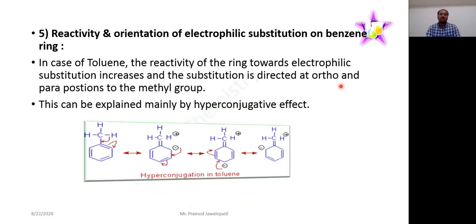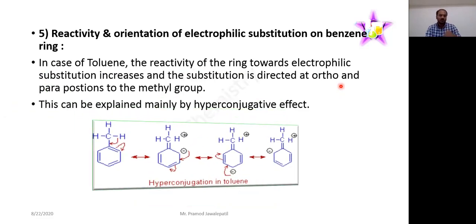See this schematic diagram of hyperconjugation in toluene. As I already told you, I'll explain all these concepts. Due to this hyperconjugation, the reactivity of toluene is also affected, and it is an ortho-para director.